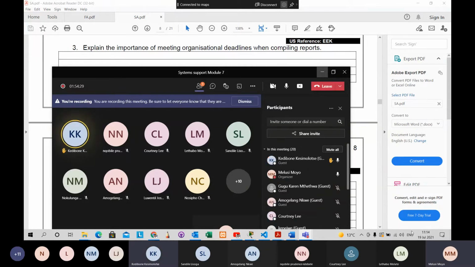Luentel, why is it important to meet organizational deadlines when compiling reports? Okay, Kidbone. Oh yes, Melusi, I wanted to say that deadlines are meant to avoid delays. Avoid delays, right? Yes.